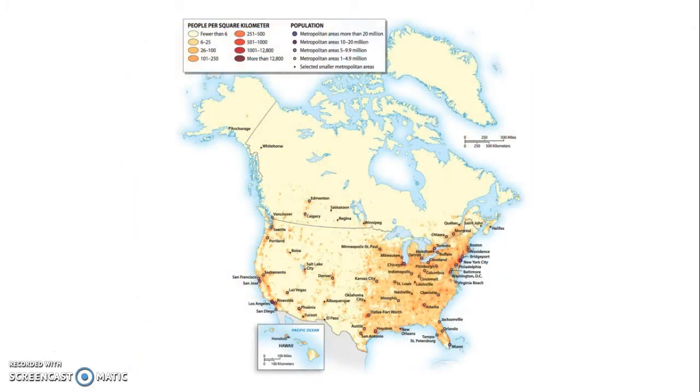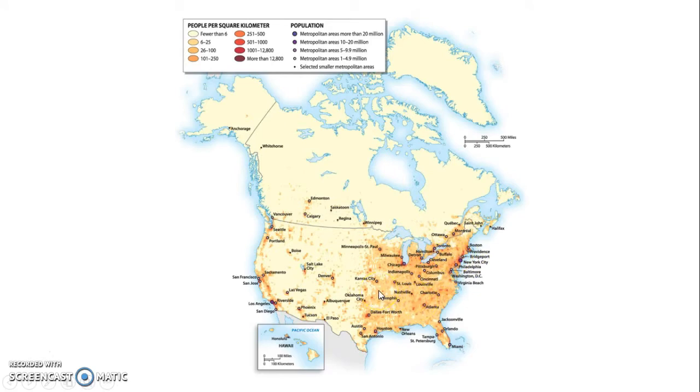Here's a population map. The previous map that shows you the expansion helps explain why most of the population in North America is found in the eastern half of the US. Well, this is where, of course, European settlement began and then spread west.